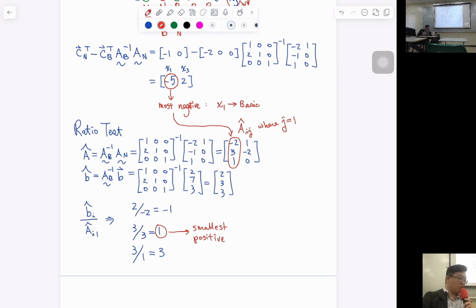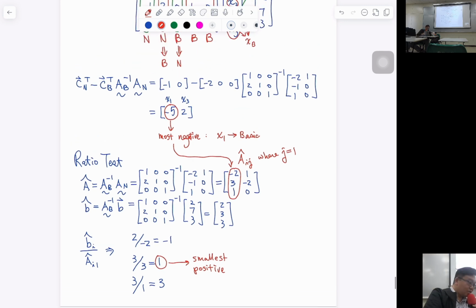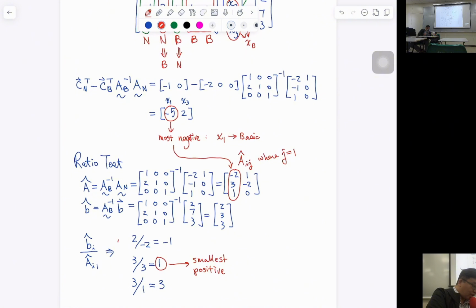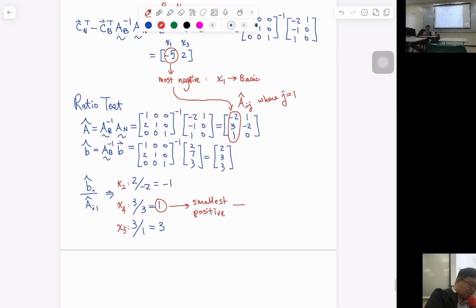Okay? And what do those represent? The 3 basic variables. So they are now x2, x4, and x5. So that means x4 will become non-basic.